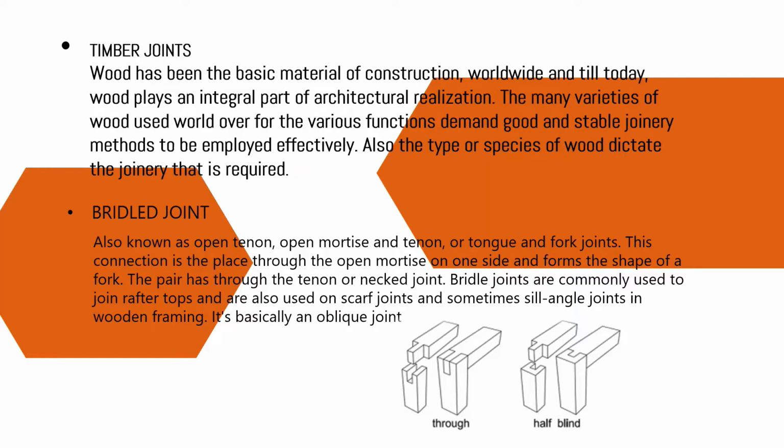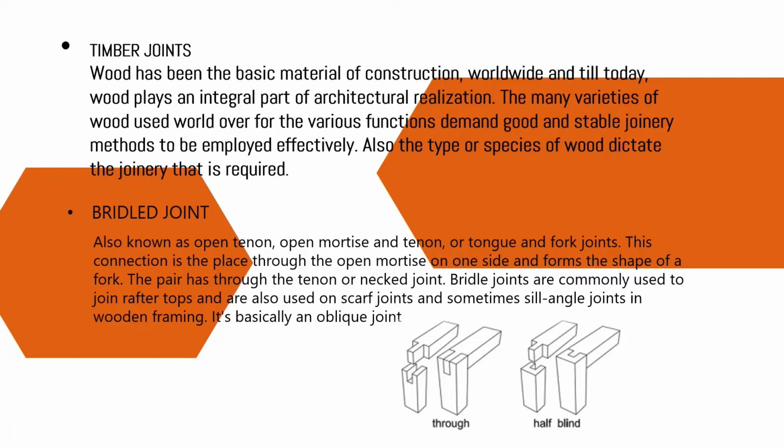Bridle joint, also known as open mortise and tenon, or tongue and fork joint. This connection is made through an open mortise on the side, in the shape of a fork.